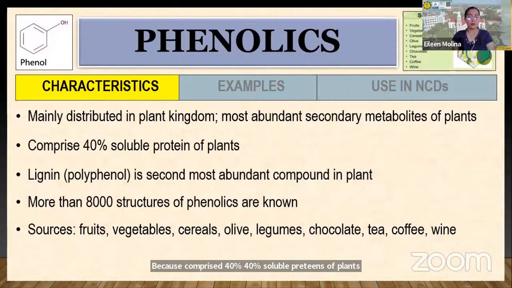An example of a phenolic, a polyphenol for that matter, is lignin, which is considered the second most abundant compound in plants. More than 8,000 structures of the phenolics are known, and sources of phenolics include some fruits, vegetables, cereals, legumes, olive, chocolate, tea, coffee, and wine.